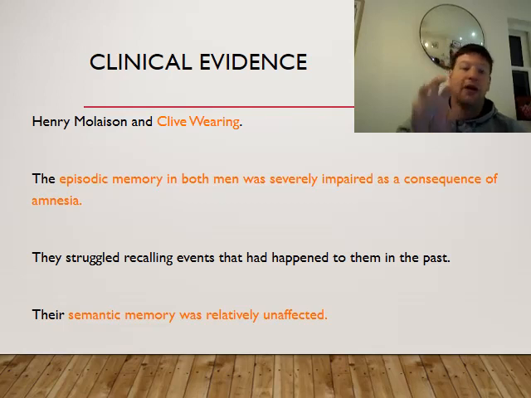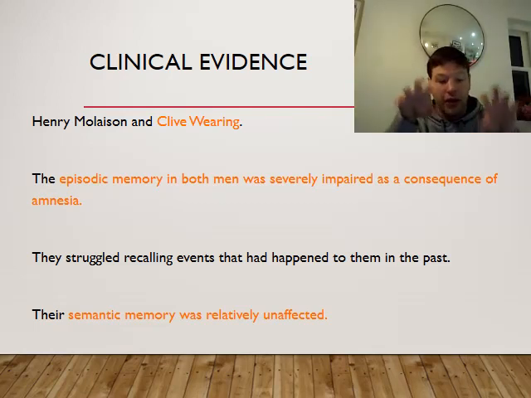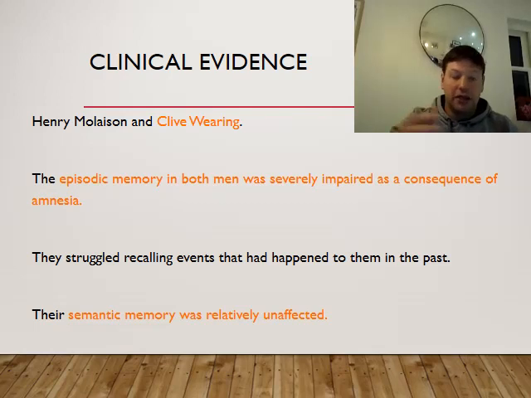So you may have used this in your multi-store model evaluation, or even your working memory model evaluation, to show that there are different stores. But in this case, it's showing that there are also different long-term memory stores. So it agrees with the idea that there are different stores of long-term memory, not just one block.